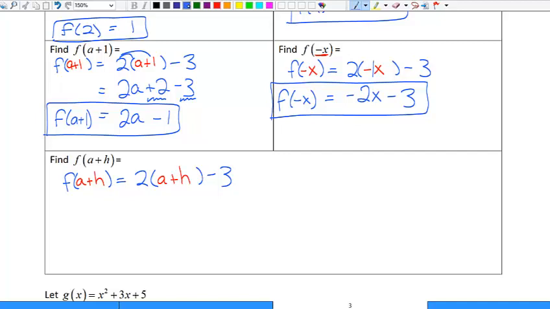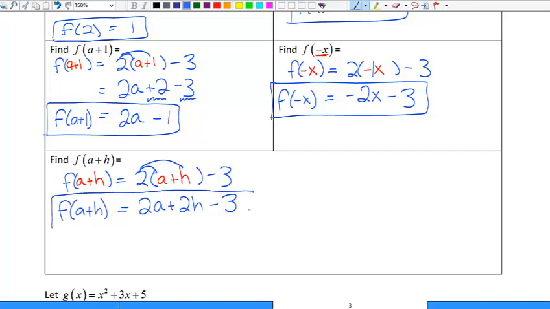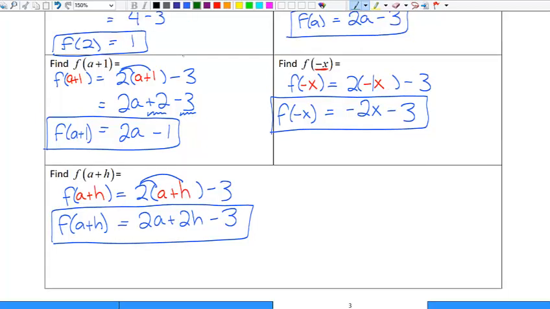Now I'm going to go back and distribute. That gets me 2a plus 2h minus 3. There is no like terms here, so f of a plus h is completely reduced at 2a plus 2h minus 3.